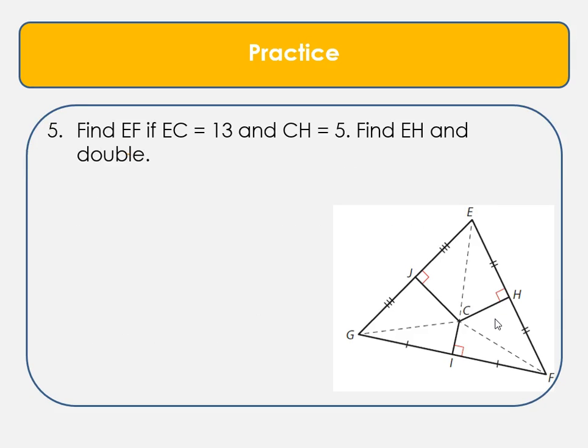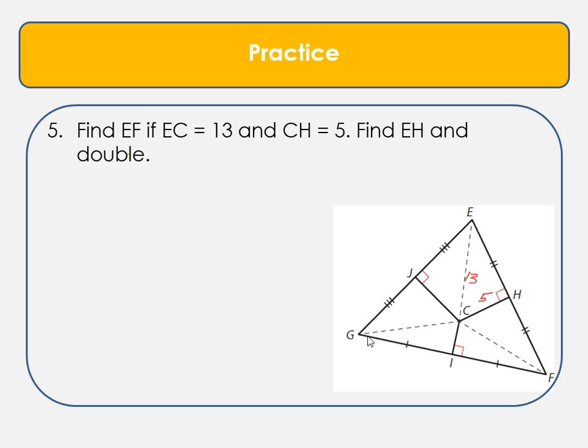Find EF. EF, that's that long side again, if EC equals 13 and CH equals 5. So what we need to do is solve for this long side, which remember is half of the side.